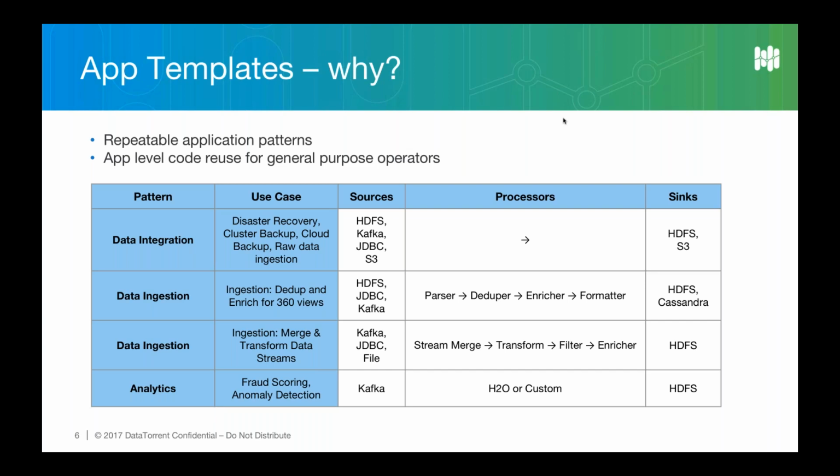But what customers also want to do is to process and analyze this data in the pipeline in real time. So as the data is flowing through my pipeline, I also want to process it and analyze it for various things, such as machine scoring, fraud detection or anomaly detection. And I would like to do that in my pipeline instead of doing it after the fact, after the data has been saved in my data lake or in my data storage. That is also something we see that customers want to do, so we have started to develop app templates for doing that.